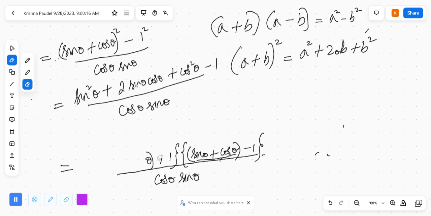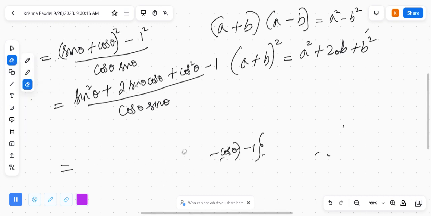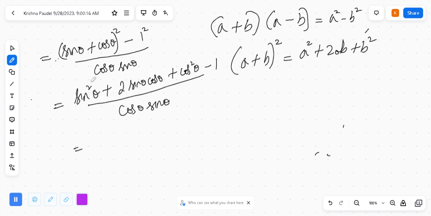Now we will take the help of the trigonometric identities, the formulas that we learned earlier or in the previous video. When I combine sine square theta and cos square theta together, we know that sine square theta plus cos square theta will give me 1. So I'll keep them together.